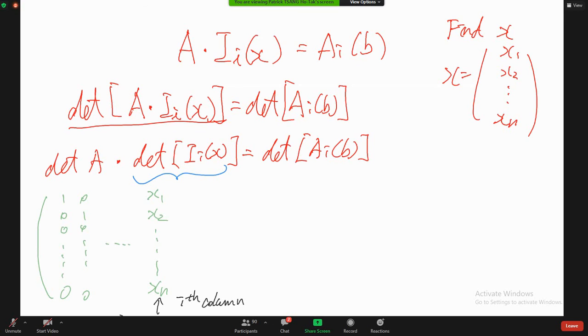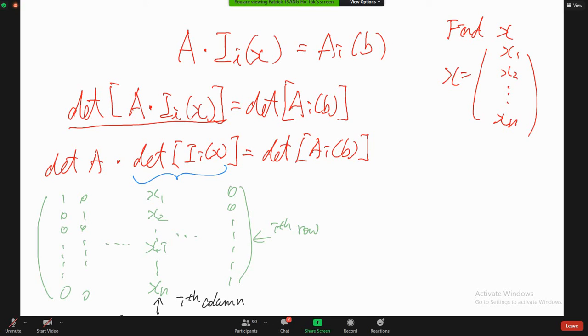So good. Let me complete the remaining part. You can see the last row may be something like this. If we take the determinant of this matrix, what will you get? I suggest you consider the ith row, which gives you the value of xi here.